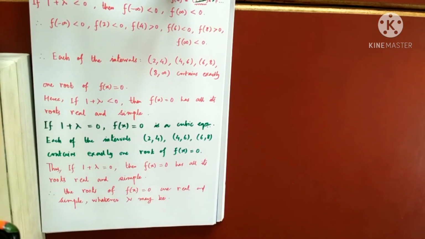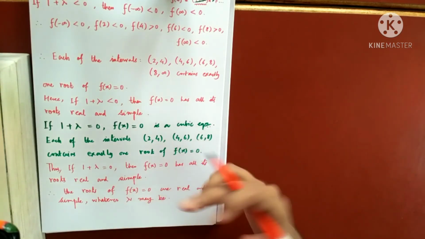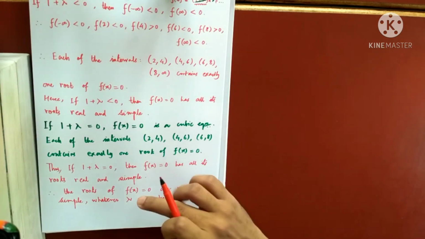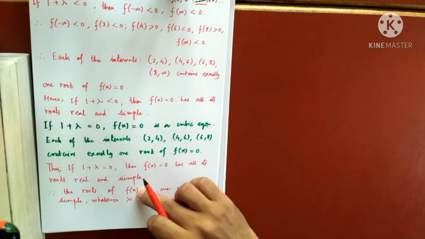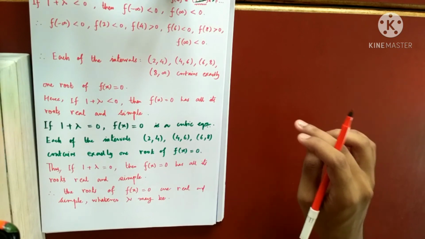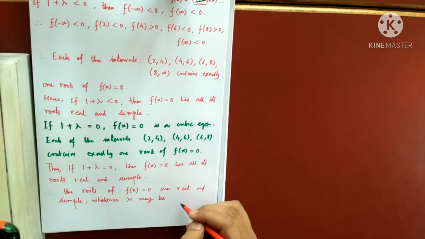In any case I am getting exactly 4 roots, and in the third case I am getting 3 roots because it becomes a cubic equation. So in all the cases this equation f(x) equals 0 will have real and simple roots, and this completes the proof.